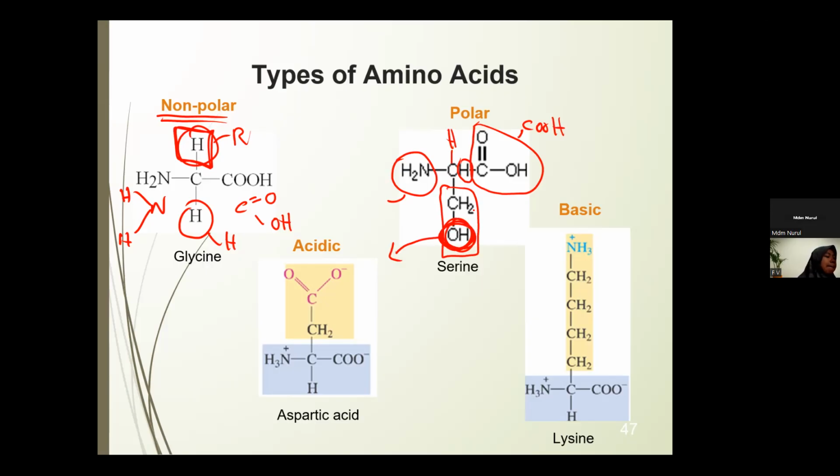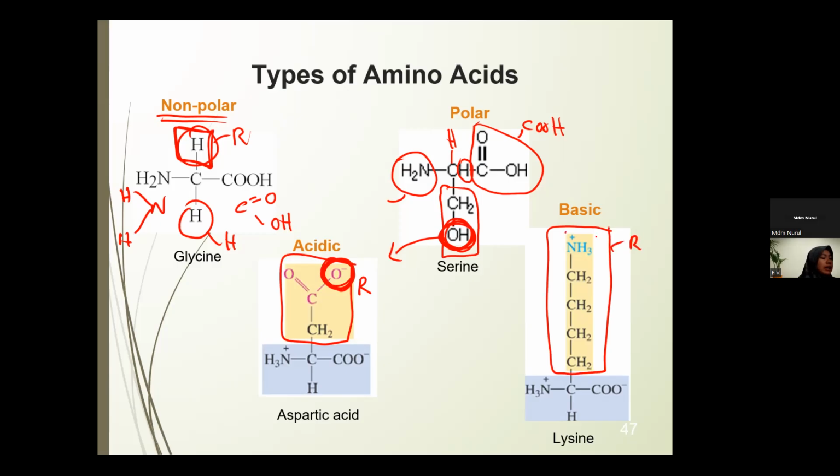Lepas habis ni. Okay, next, acidic. For acidic, you can see the R group is here. This is the R group. And you see that the R group is negatively charged. And for basic, you can see this is the R group, the variable group.